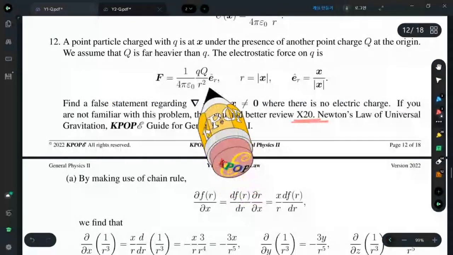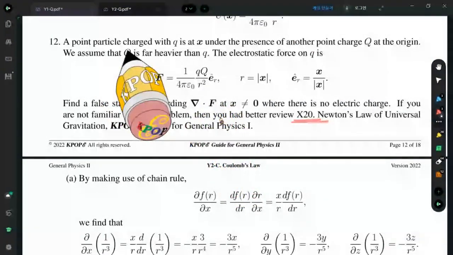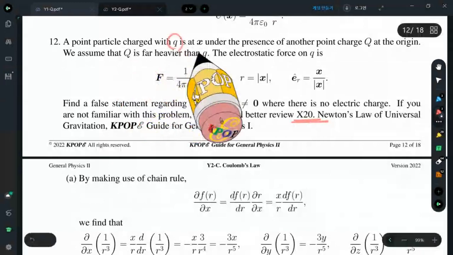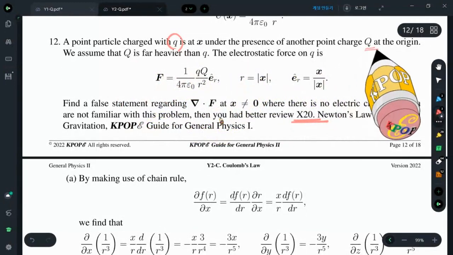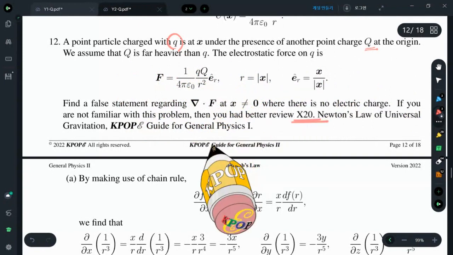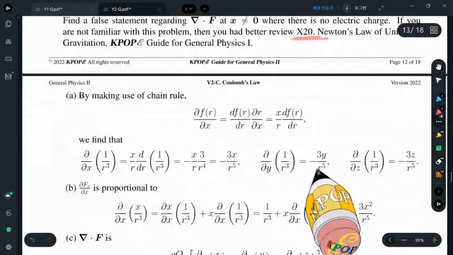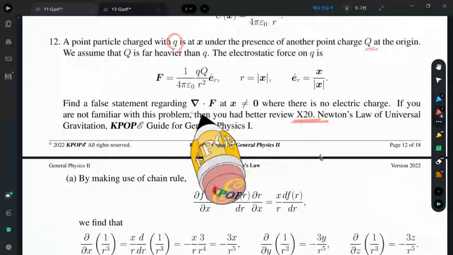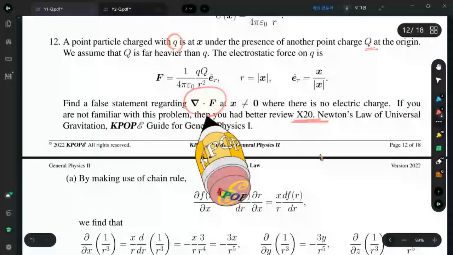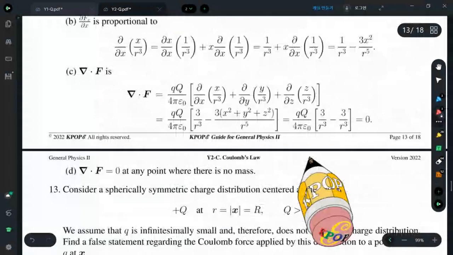A point particle charged with small q is at x under the presence of another charge. A very similar problem. This involves the divergence calculation.